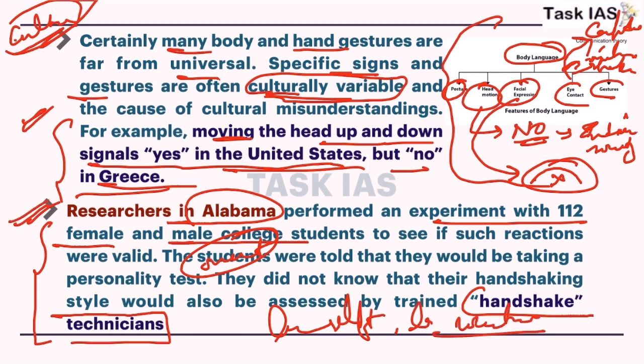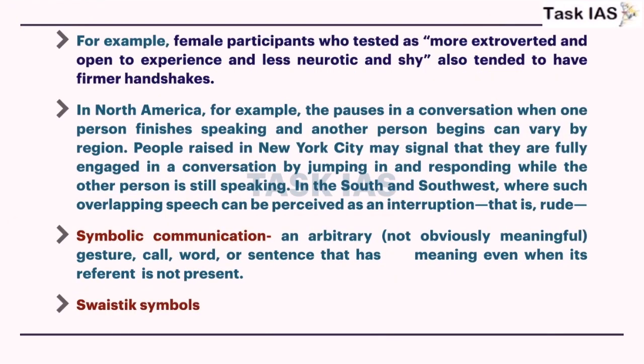So you can mention these examples, these experiments for giving better arguments. So again, female participants who are more extroverted and open to experience had a warmer handshake, but shy ones also tended to have firmer handshakes.